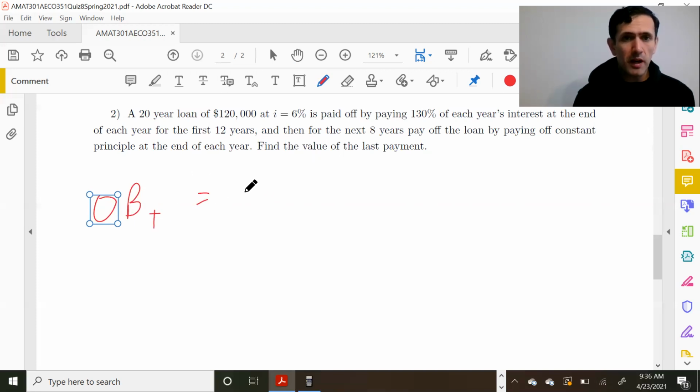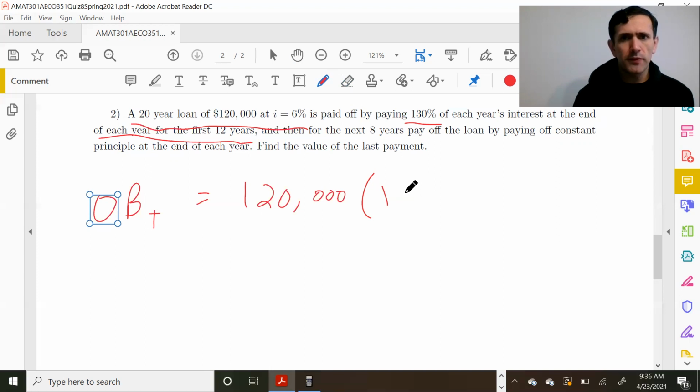So, all right. So we have a formula. We have a 20-year loan, 6% effective annual interest, paying off 130% of each year's interest at the end of each year for the first 12 years. So the formula in this situation is the outstanding balance, and this is a formula I don't think was in the book, which is odd, but that's why I gave you the formula in the video.